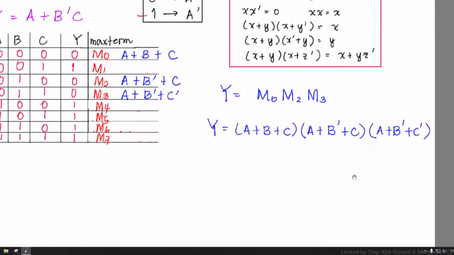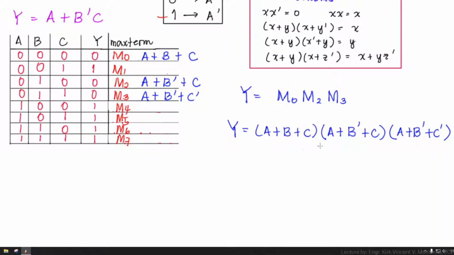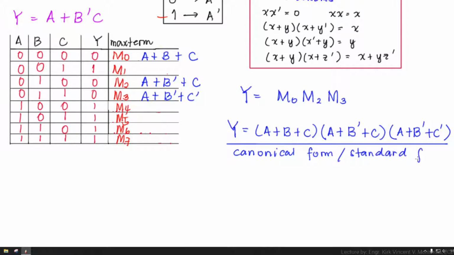Now, this can be your answer for the canonical form or standard form in POS. So take note, same as in your min terms, it should contain all input variables, complemented or not complemented. So that is your answer.